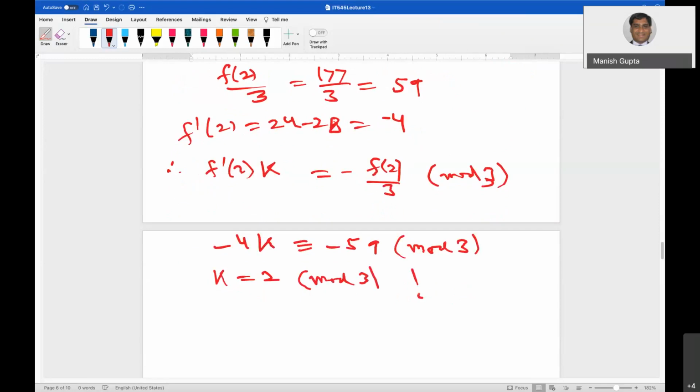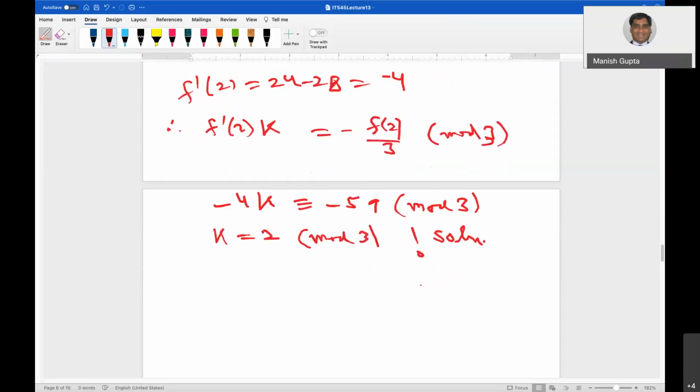It's a unique solution. Therefore, only one value of k has come here, so the lifted root will be 2 plus 2 into 3, which is 8, you know.